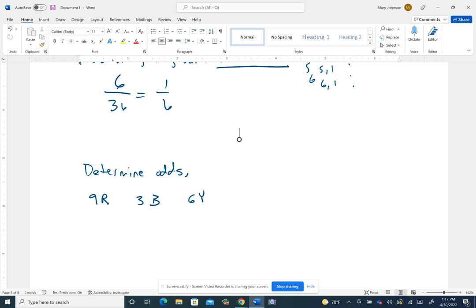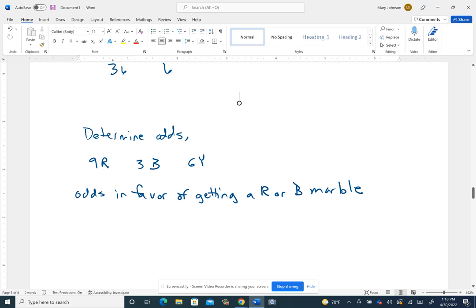And then what if I wanted the odds in favor of getting a red or blue marble? Odds in favor of getting a red or blue marble.